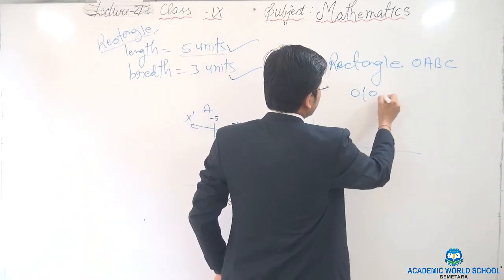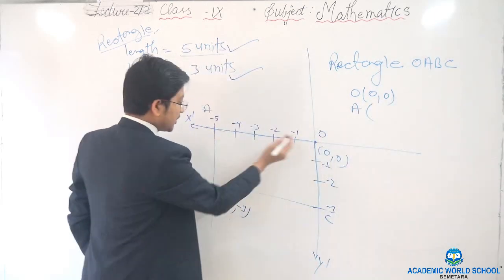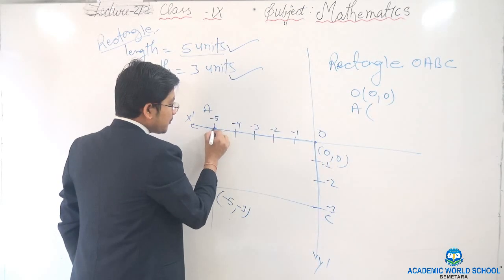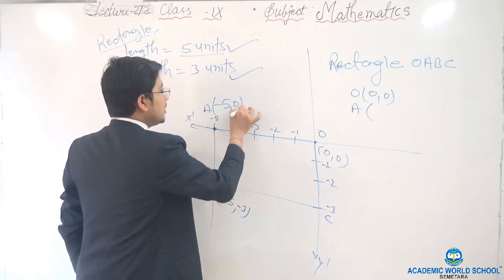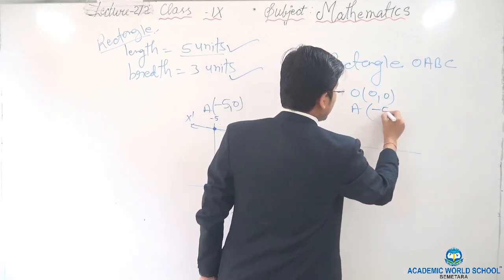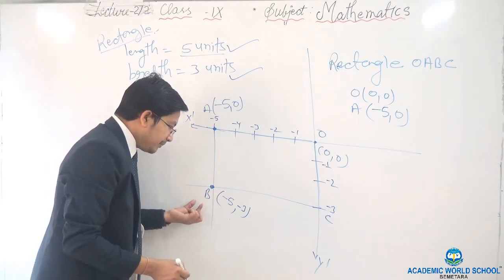O is 0, 0. A: what is the coordinate of A? Since this point is lying on the x-axis, the y coordinate will be 0. So this will be -5, 0. What is the coordinate of this point B?